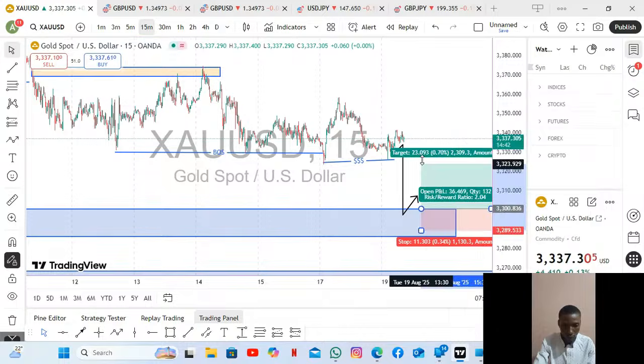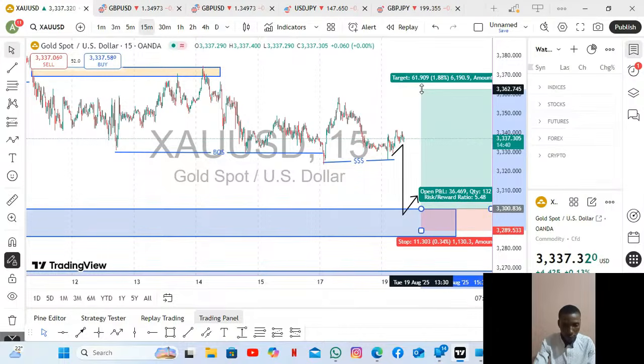We'll just wait for price to come here, and we'll take profit of this buy side liquidity.